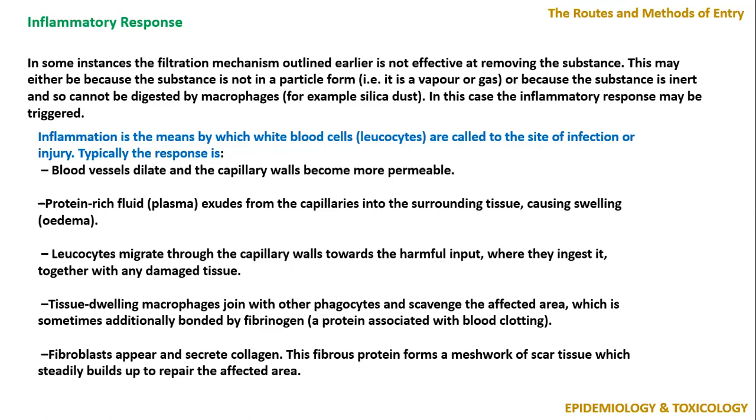The tissue-dwelling macrophages join with the other phagocytes and scavenge the affected area, which is sometimes additionally bonded by fibrinogen, a protein associated with blood clotting. The fibroblast appears and secretes collagen. This fibrous protein forms the meshwork of the scar tissue, which steadily builds up to repair the affected area.